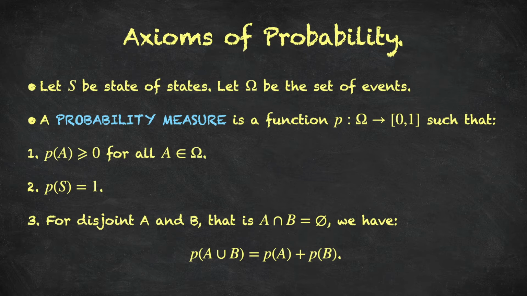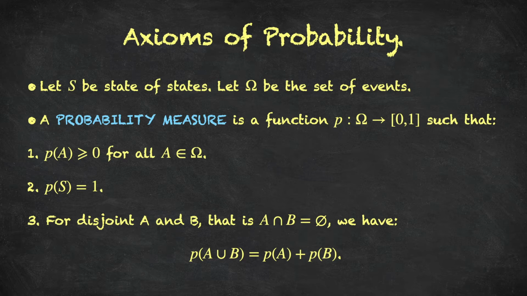The third condition, sometimes called the additivity property, is the following. If we take any 2 events, A and B, and these events are disjoint, by which I mean they have an empty intersection, so they don't have any elements in common. For example, the odd numbers and the even numbers would be 2 disjoint events.